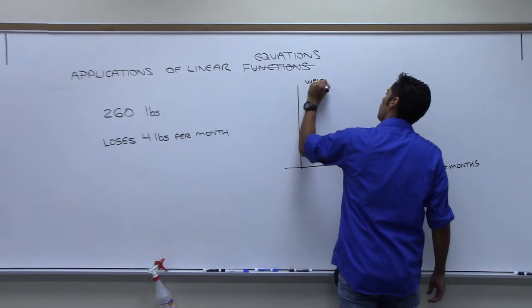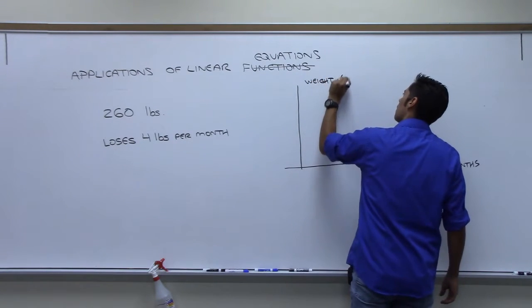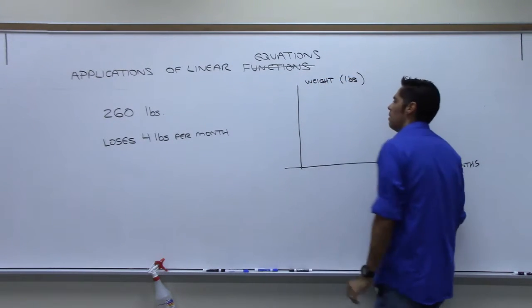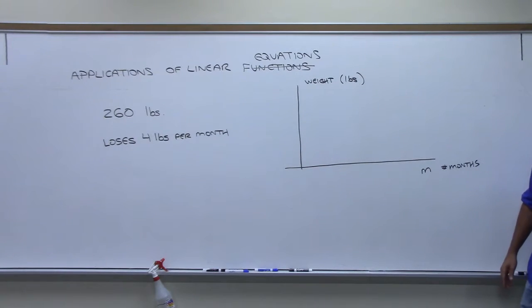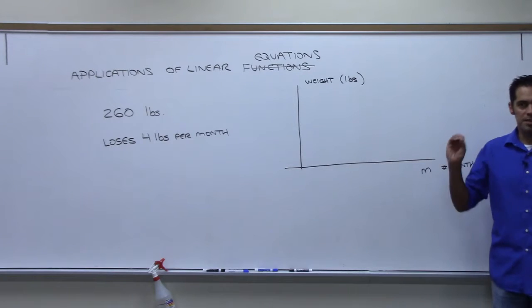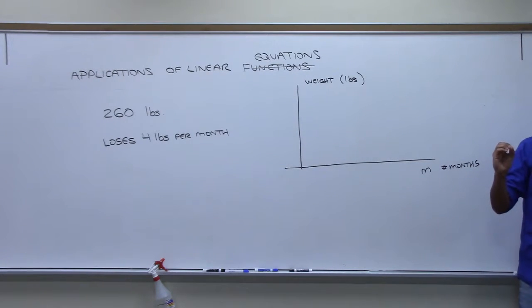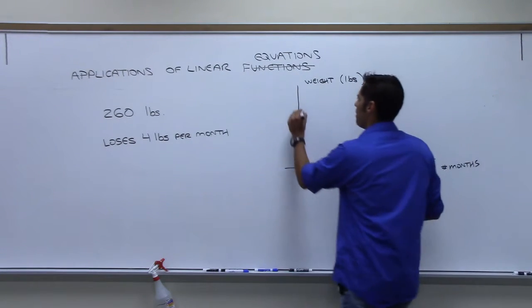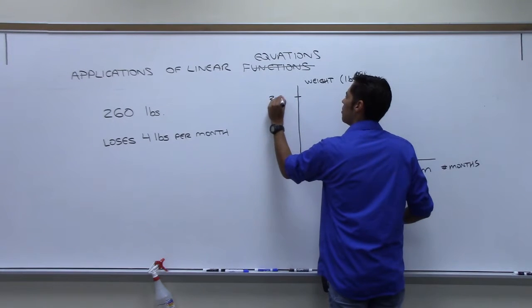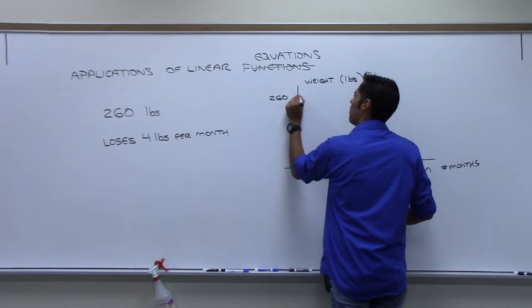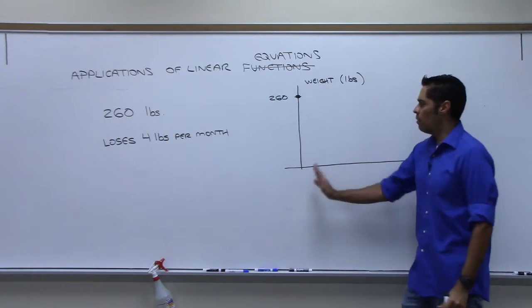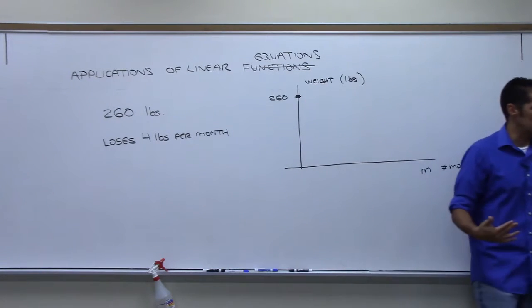And it's measured in what? Pounds. So the question is, how much would he weigh at 0 months? 260, right? So I could come up here and mark out 260, and I know that point represents where he started, what his weight was when he started.